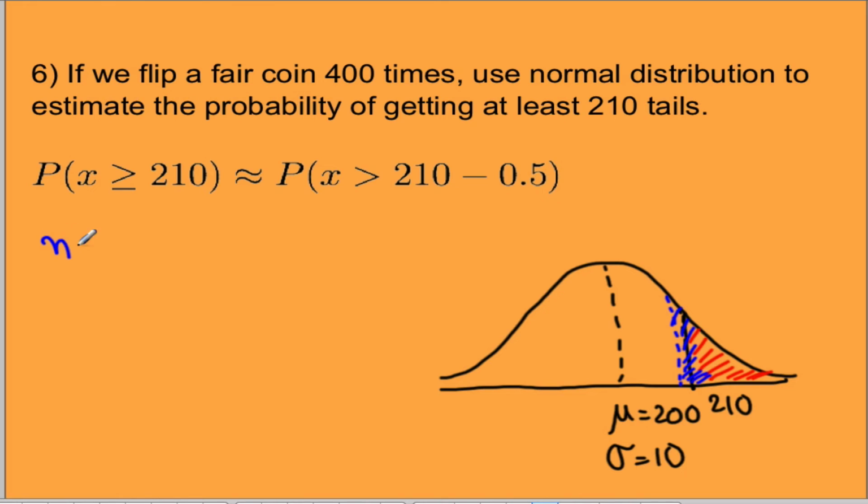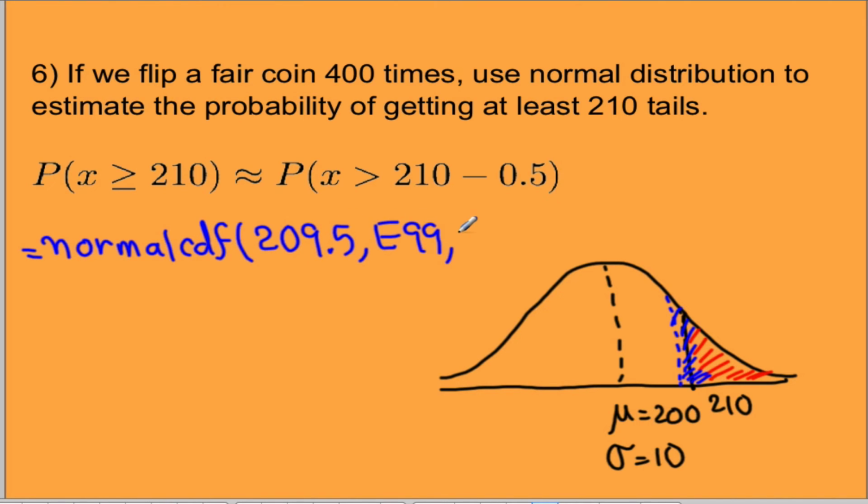So this will be normal CDF. Our lower value is 209.5. Our upper value will be E99 with the mean of 200 and a standard deviation of 10. Once again, try this problem, finish it, and compare the result with the last example.